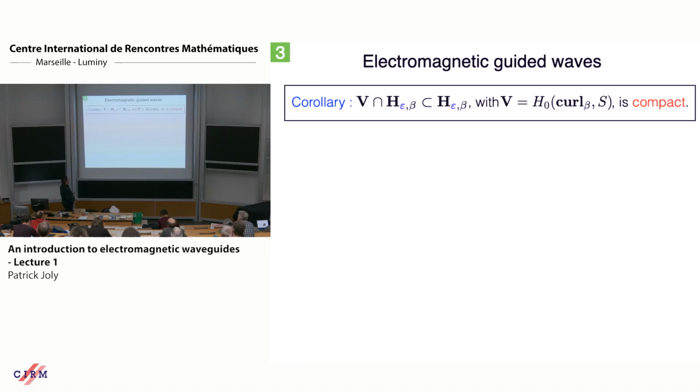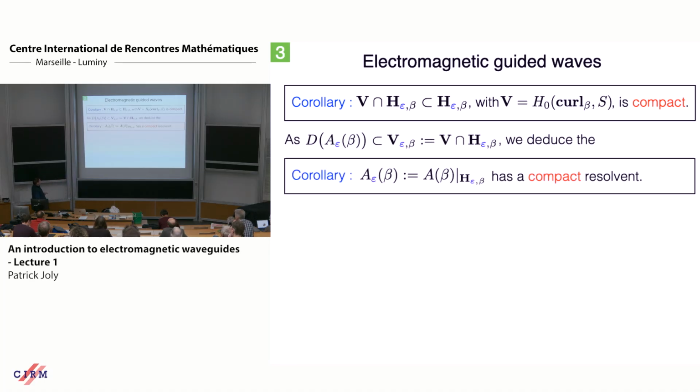Okay. So this finishes the technical part of the talk. And once you have this, when you look at the restriction of the operator to the space A beta, you are back to the situation that we got in the acoustic case. You have a self-adjoint operator which is positive with a compact resolvent.